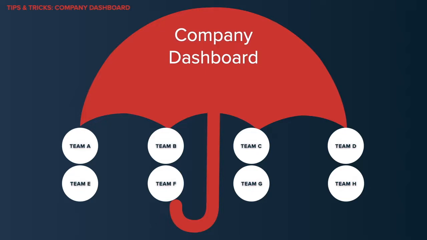Now let's say your company is ready to make this change. In the company dashboard, you decide to go ahead and make this change company-wide. You go ahead and adopt the MISMO 3.4 setting. When you do that, the settings are automatically going to carry over to all of the other teams in the company dashboard. Pretty simple, right?